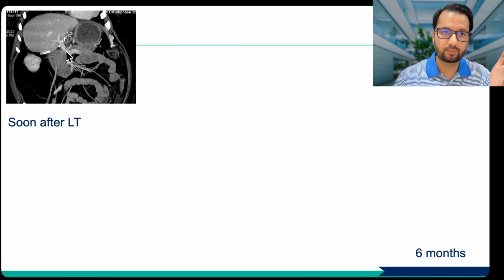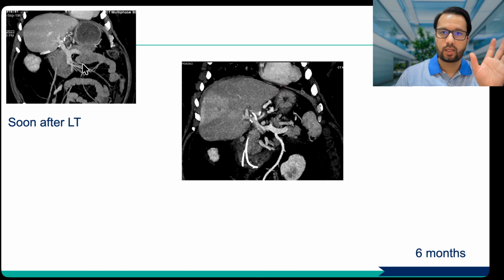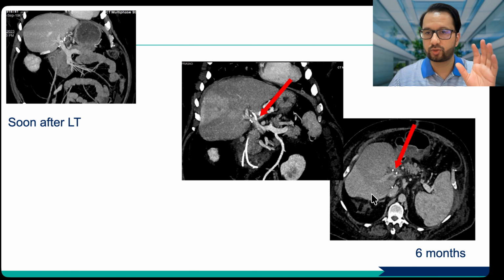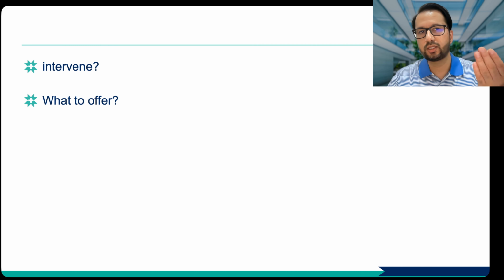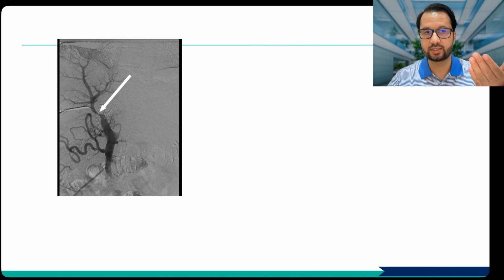The portal vein was perfectly patent at the time of liver transplant, but 6 months later we see severe stenosis at the hilum of the portal vein. Though this patient was incidentally detected and not having any symptoms, we decided to go for portal balloon angioplasty.